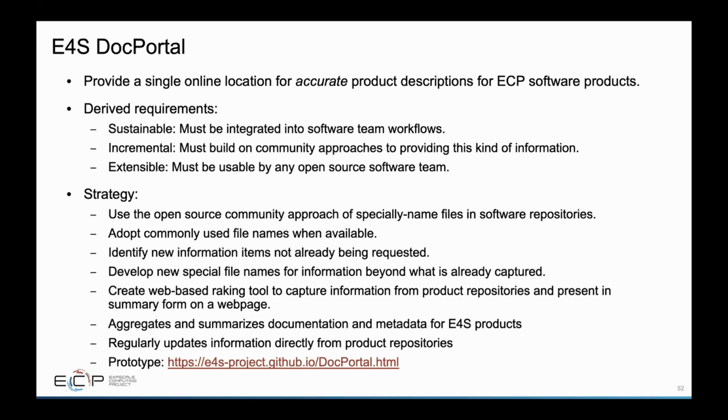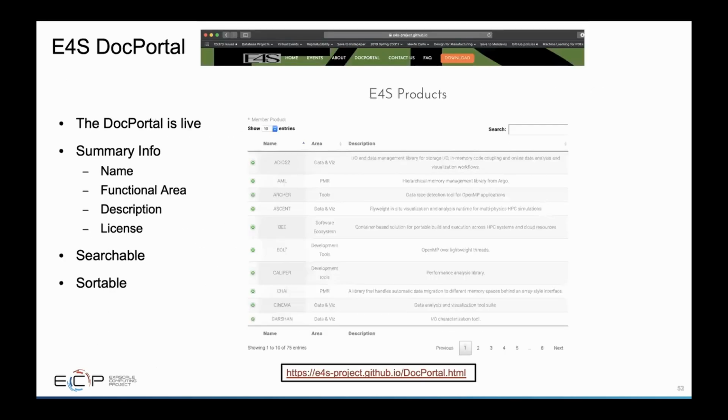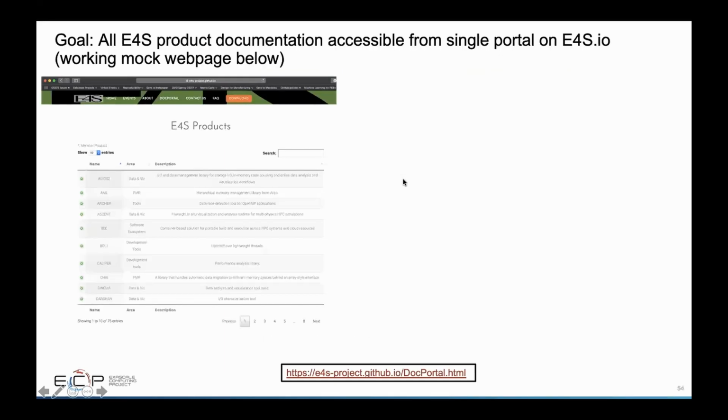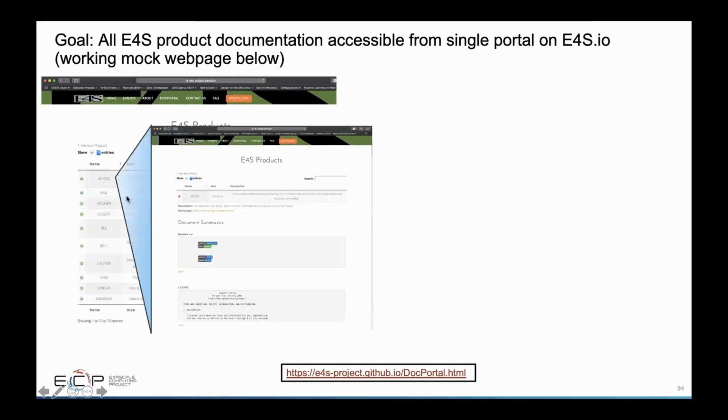And then there's a directory which allows you to map the files. So you can say, here is the license file, here is the README file, this is the installation instructions or the change log. And we can scrape these repos. We can show a custom web page like this. So there is some summary information about the name, functional area, description, license, and also when they were last updated. So you can search for a package, you can look at the area, the description, and then you can click on it.